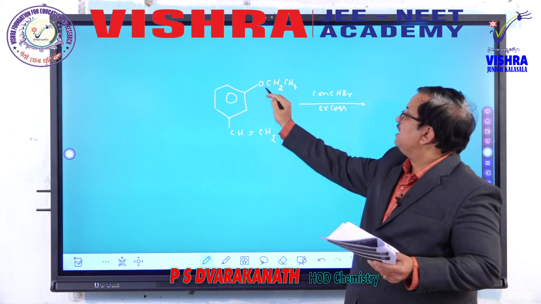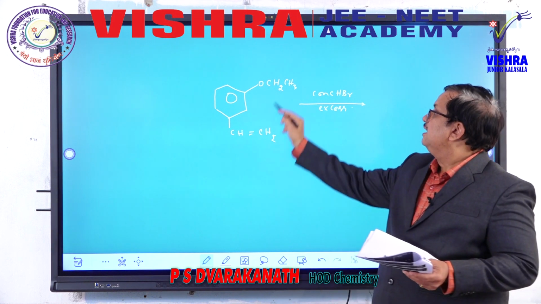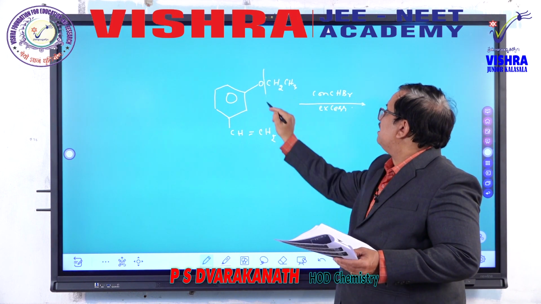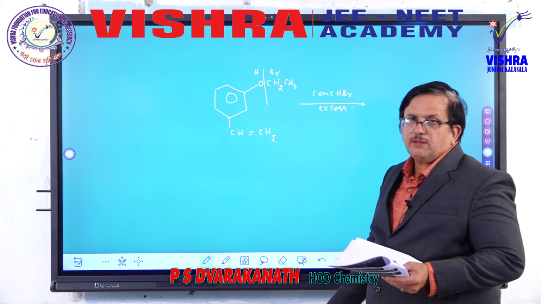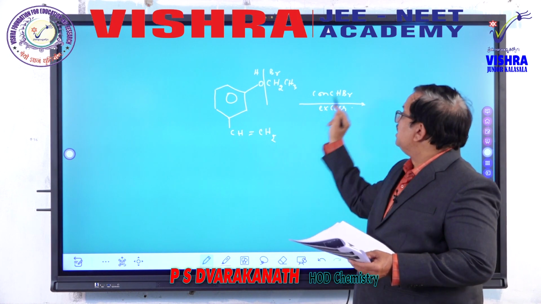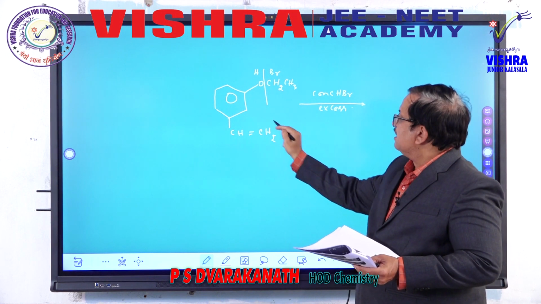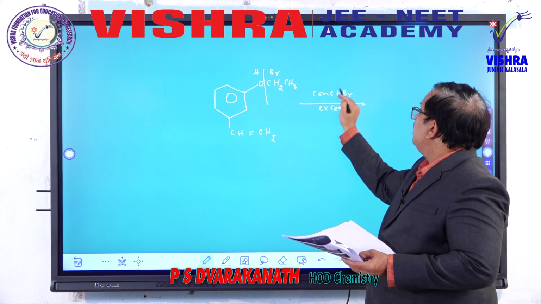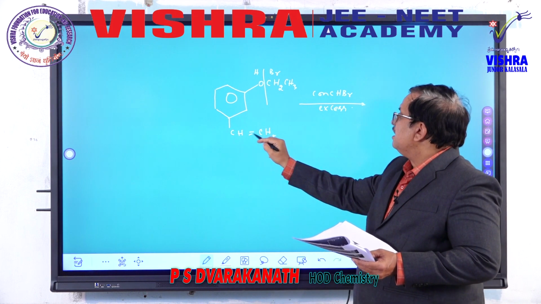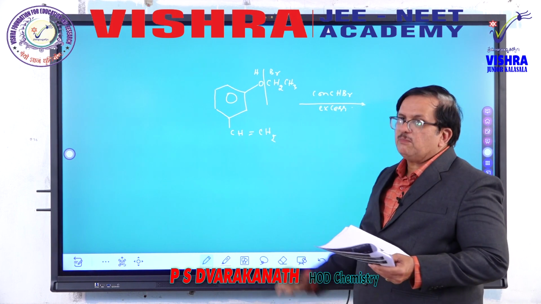With HBr, whenever an ether is there, it divides this as H and Br. And here addition takes place, after the ether reaction the alkene reacts with HBr, following the Markovnikov rule.